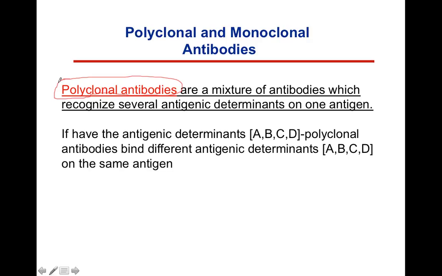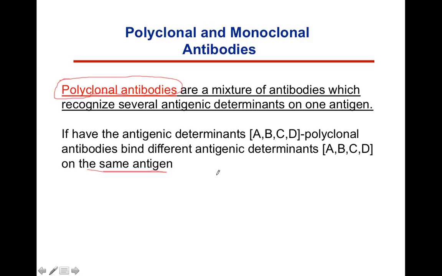So polyclonal antibodies is when I have antibodies in a test tube, and the antibodies will all bind to one antigen, but the individual antibodies may bind to different antigen determinants. So if they have different antigenic determinants, say A, B, C, D, polyclonal antibodies will bind different antigen determinants A, B, C, D on the same antigen. Okay, so they can bind those.